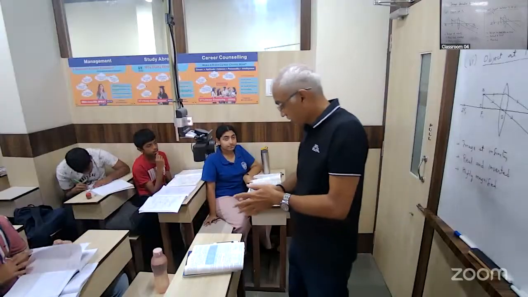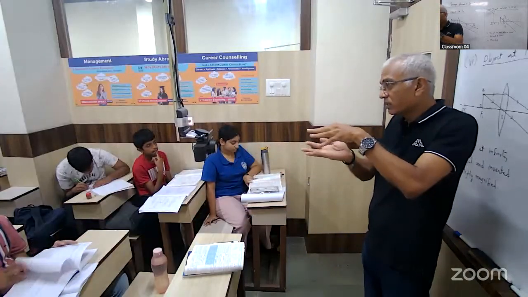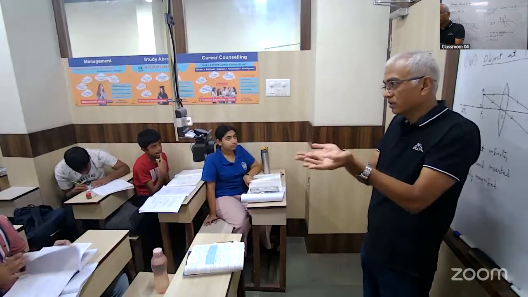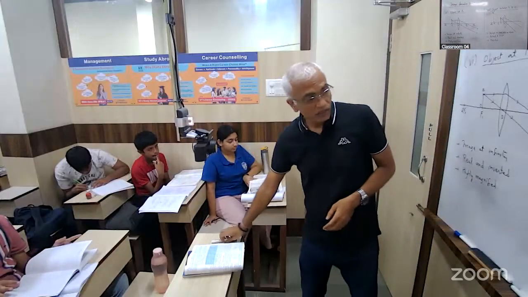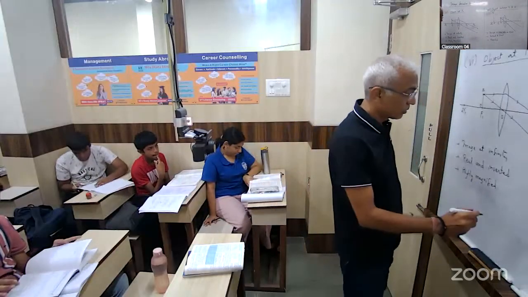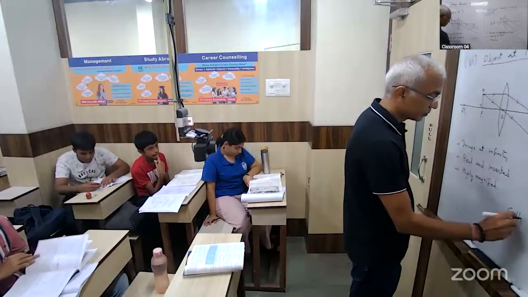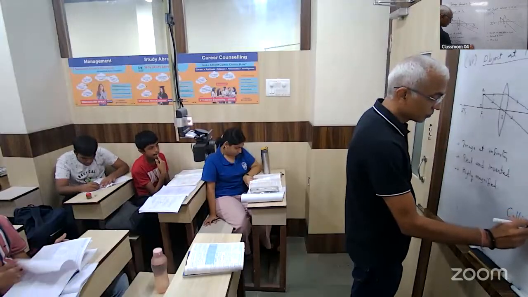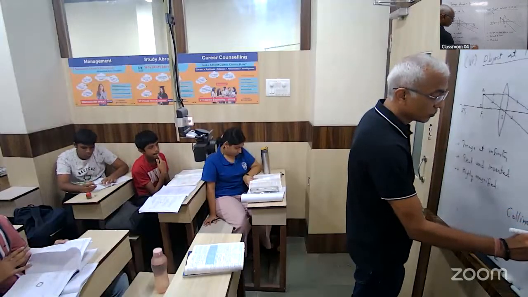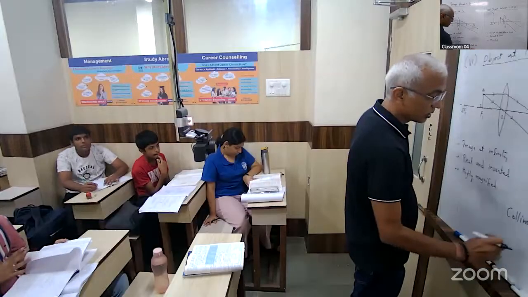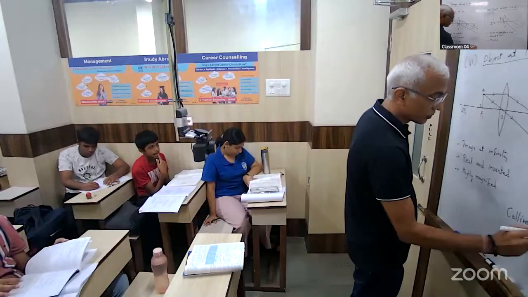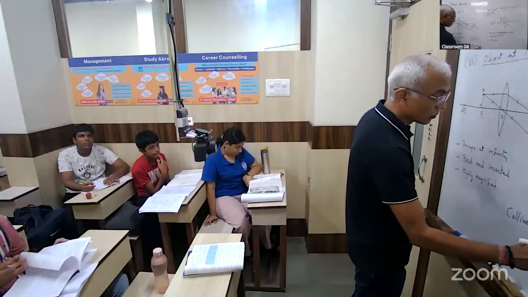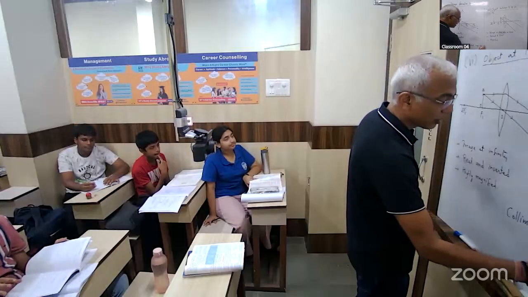So it then produces, after refraction, a parallel beam of light. Okay. So that parallel beam of light itself is called collimated rays. What is collimated rays? Collimated rays are a parallel beam of light.